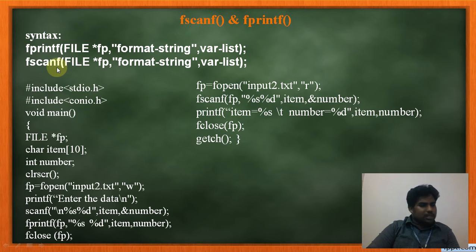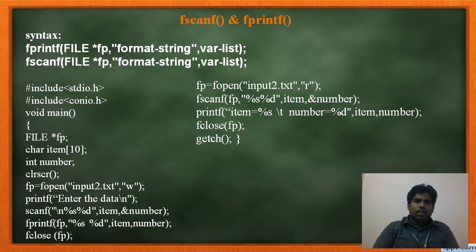Similarly, see the syntax for fscanf: file pointer, then again control string, then variable list. This is the syntax. We can see one example so we can clearly understand it. First I will tell the logic of the program. In this program I am going to get two inputs.